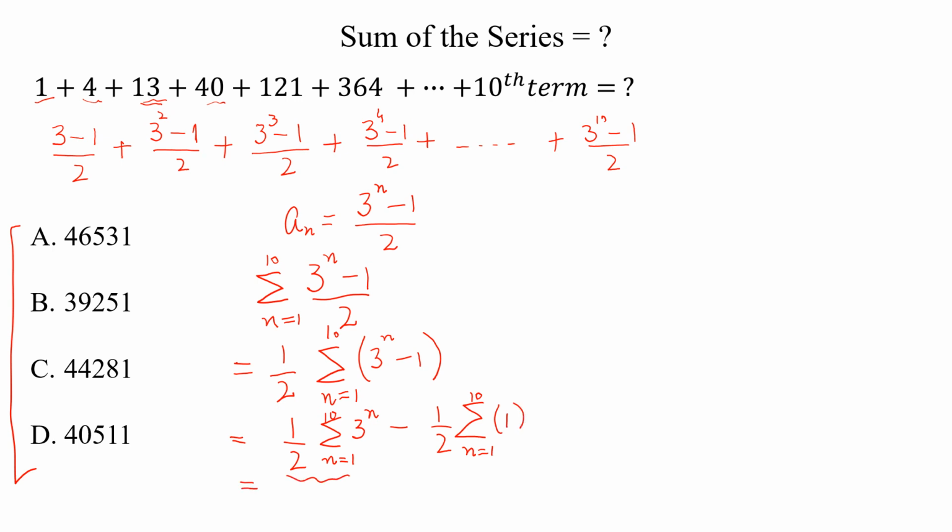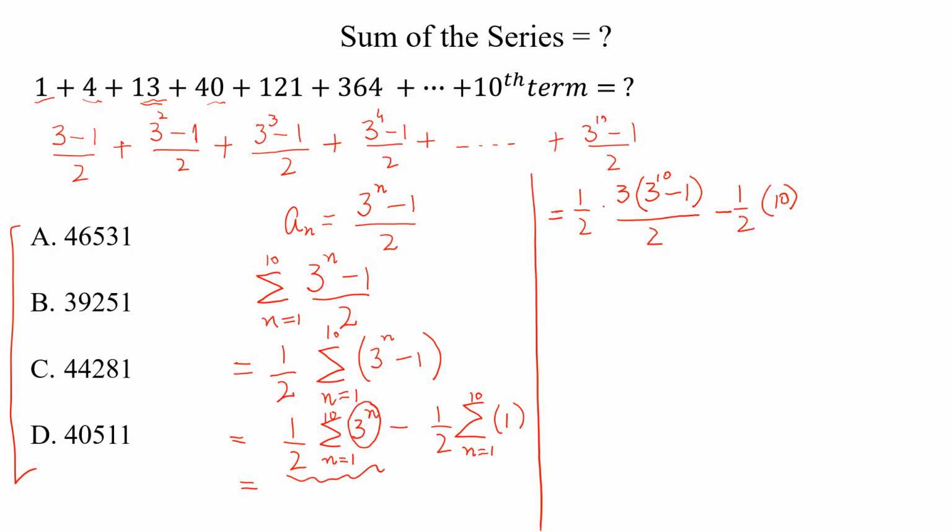So we will find the sum of this series, and this is a geometric series, and we know that we can find the sum of the geometric series by this formula: 1 by 2, and the first term a is 3, then the common ratio is 3, so (3 to the power 10 minus 1) divided by the common ratio minus 1, so 3 minus 1 is 2, and minus half of 10.